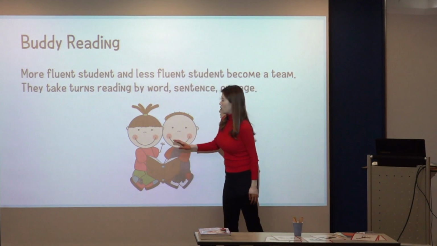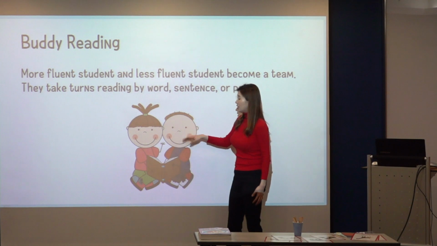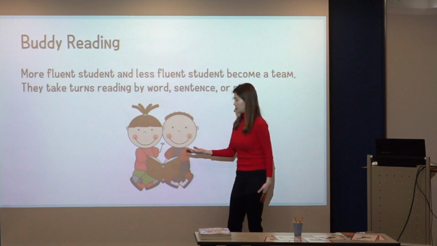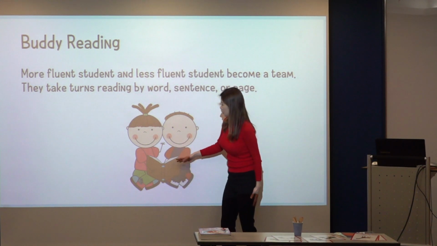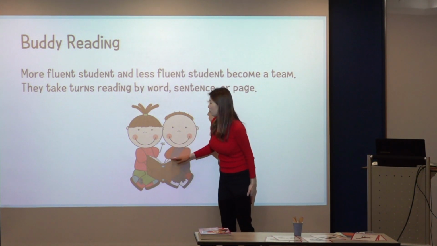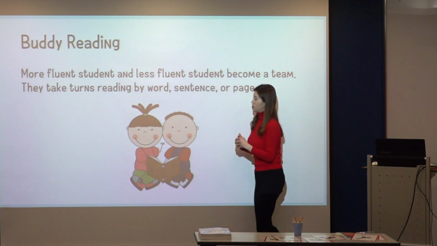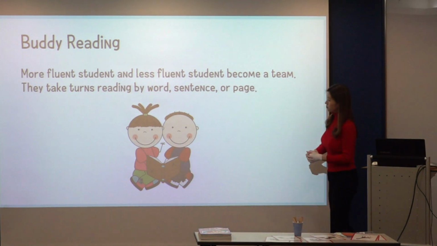If he cannot read well, this fluent student can guide how to read. Like they can read word by word, or sentence by sentence, or passage by passage, or story by story.